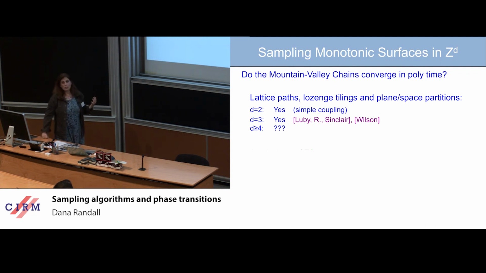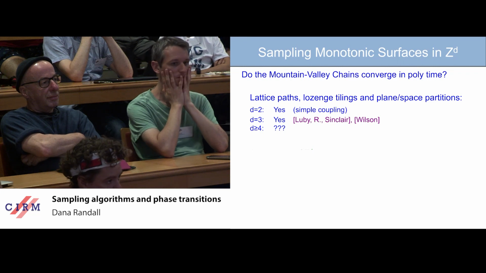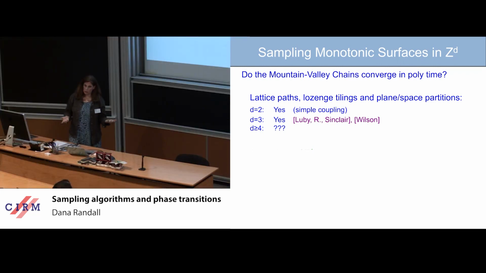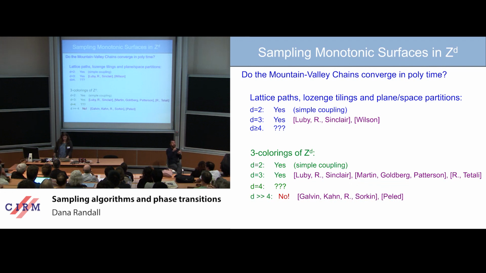In 3 dimensions, previous work with Luby and Sinclair and following work, actually I should also mention work with Prasad Tetali, and then David Wilson's proof gave tighter bounds, show that when you add and remove cubes to this lozenge tiling picture at random, this is also rapidly mixing. In 4 and higher dimensions, there actually are natural applications of this that are kind of cool, and it's still open, okay?